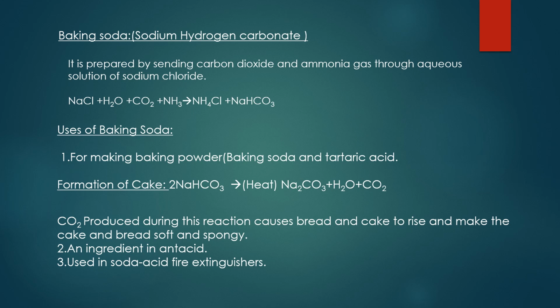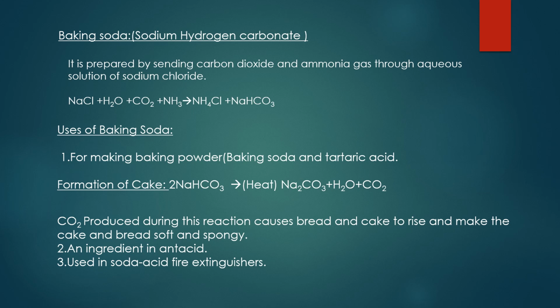This carbon dioxide produced during the reaction causes the bread and cake to rise and makes the cake and bread soft and spongy. When you heat the mixture of baking soda and tartaric acid along with the ingredients of cake, carbon dioxide gas is produced.